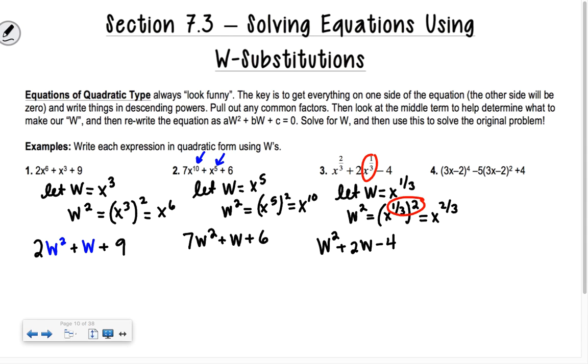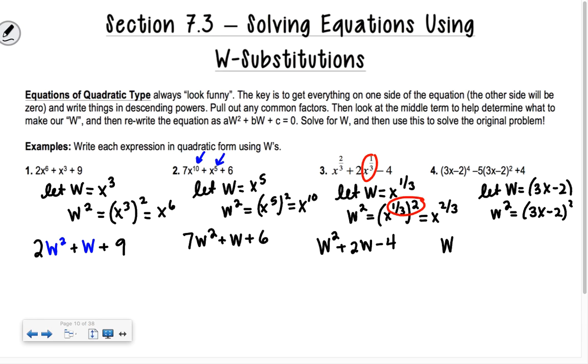Okay. So the next one, what do we think our w is going to be? Yeah, 3x minus 2, with parentheses. But then when I square both sides, that becomes 3x minus 2 squared. Actually, I did need my parentheses.